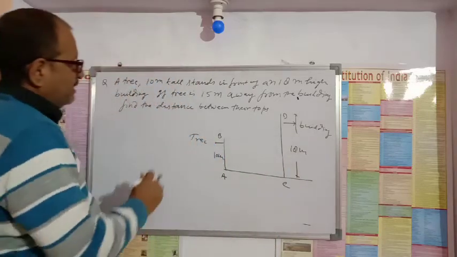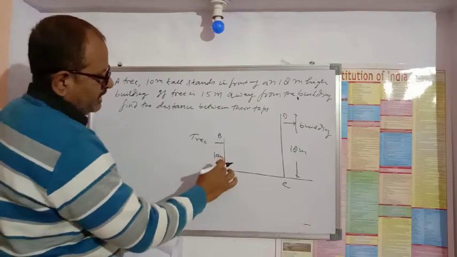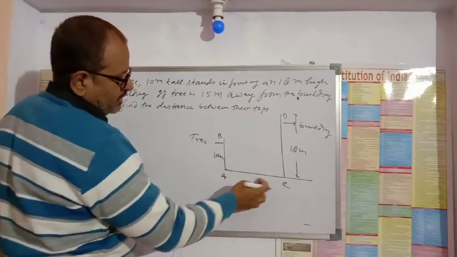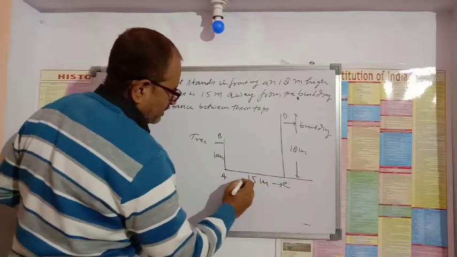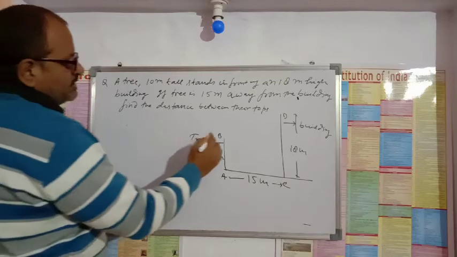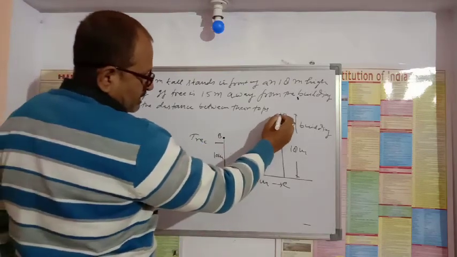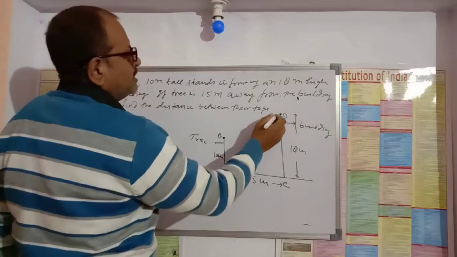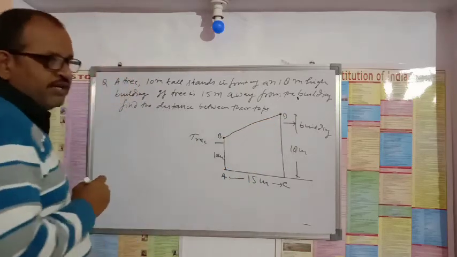It is given the tree is 15 meter away from the building. This tree AB is 15 meter away from the building. So AC is 15 meter. We have to find the distance between their tops. The top of the tree is B. The top of the building is D. So we have to find the distance between their tops, meaning we have to find BD.